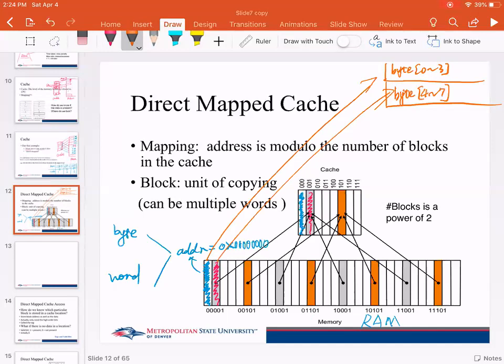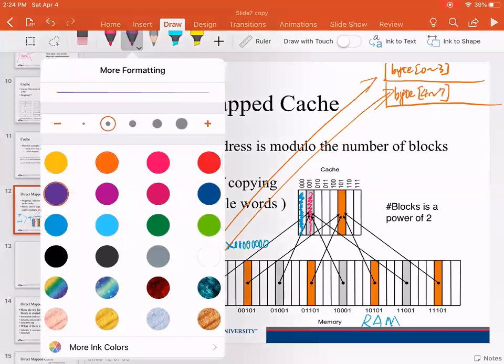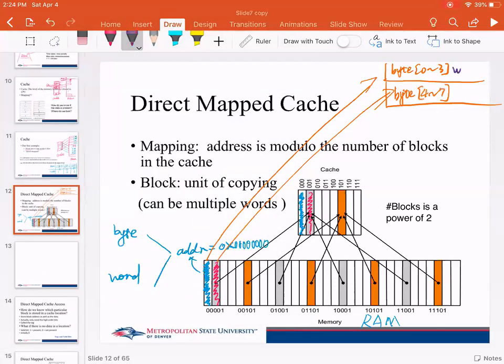And if I do not want to use byte location, well, I can say it is word location number 0. And the second one here is, of course, word location number 1. So what does that mean? That means when you write the address, it could be the real 32-bit binary address. It could be a word address.